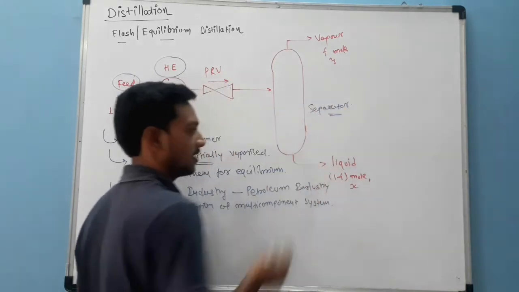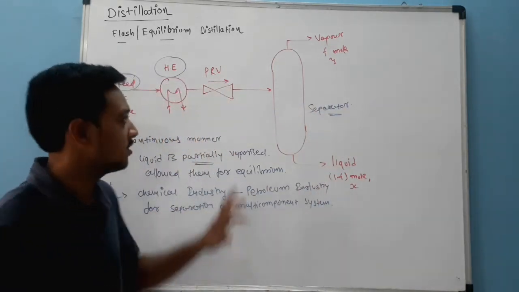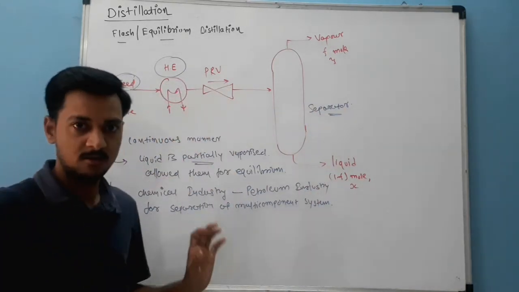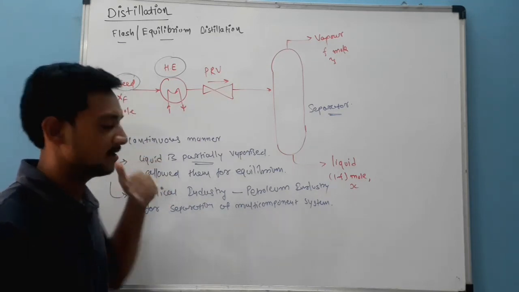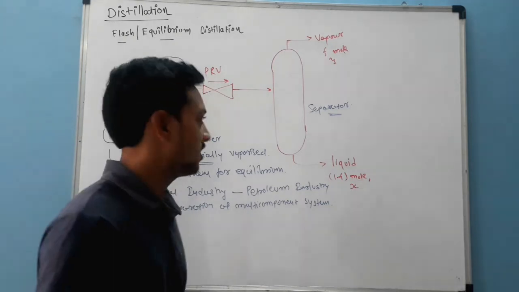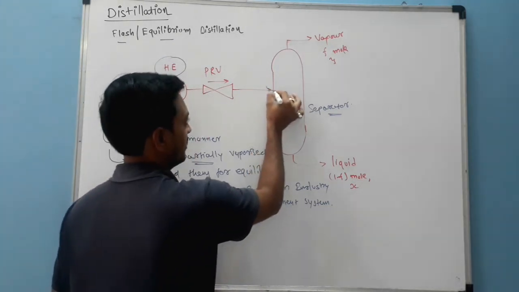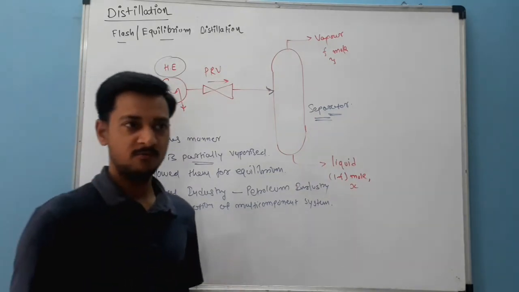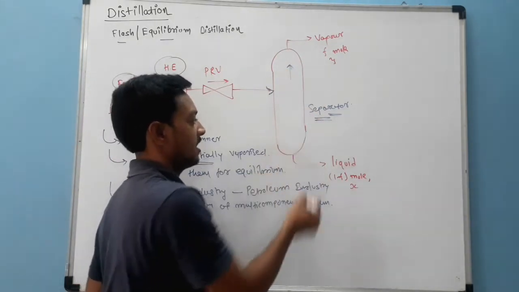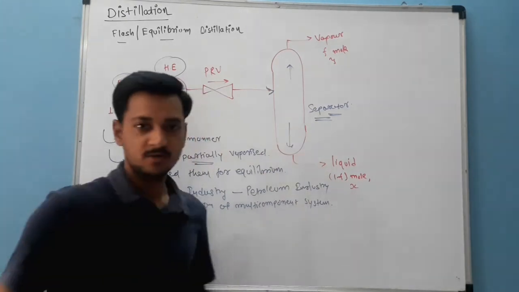Before the separator, it passes through a pressure reducing valve to convert liquid into vapor. After that, it is sent to a separator, where vapor goes up and liquid goes down.